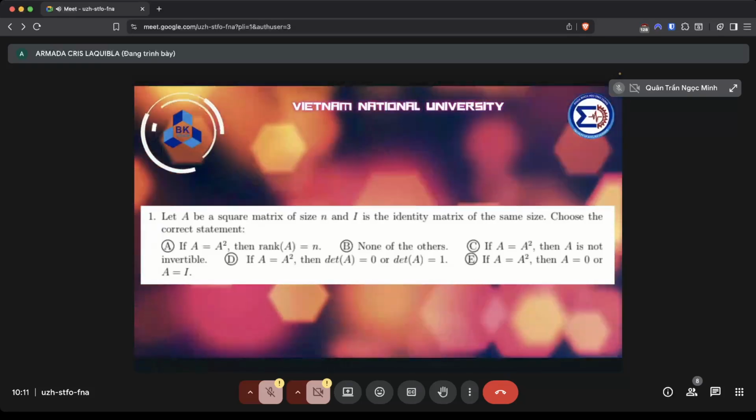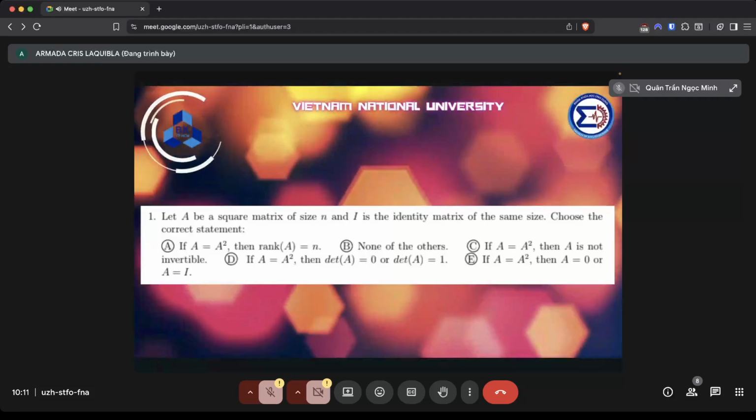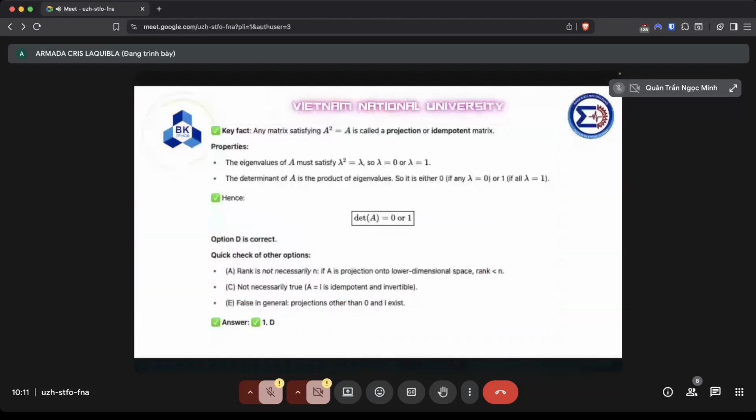Is it: A, the rank of A is equal to n; C, A is not invertible; D, the determinant of A is 0 or the determinant of A is 1; and E, if A is equal to A squared, then A is 0 or A is I. So which is the correct one? The answer is letter D. The determinant is 0 or 1.